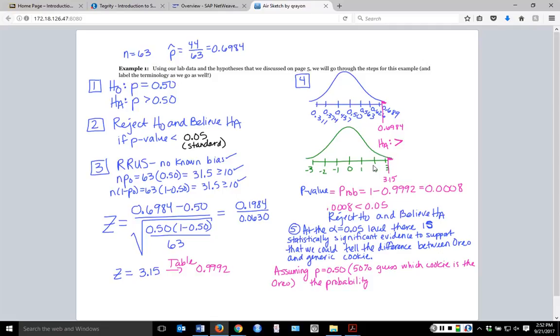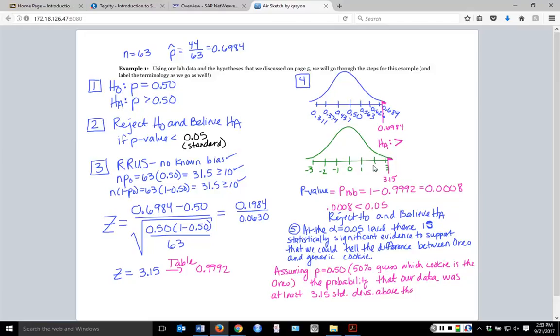So I'm going to say the probability that our data was at least 3.15 standard deviations above that.